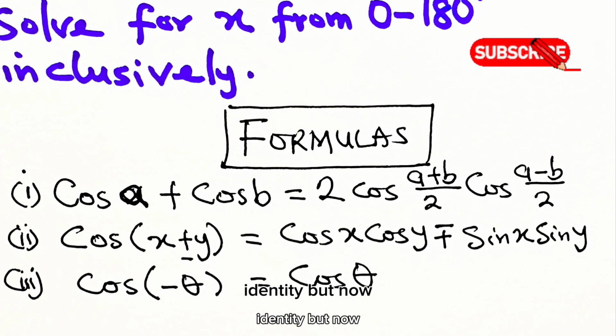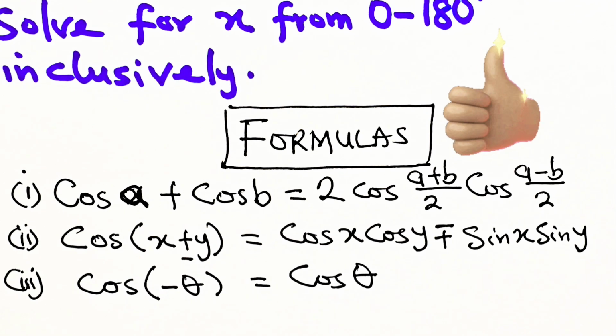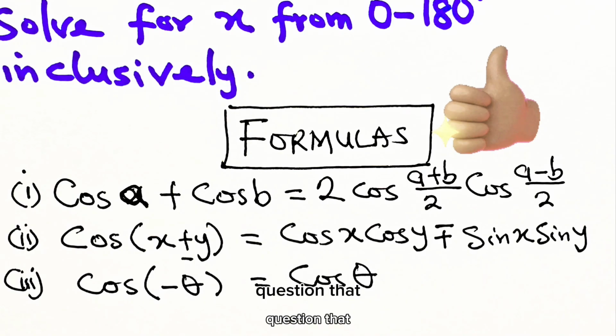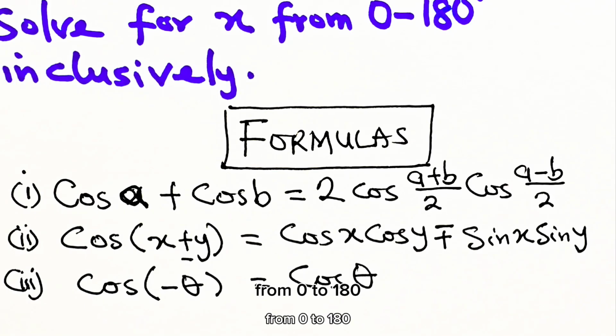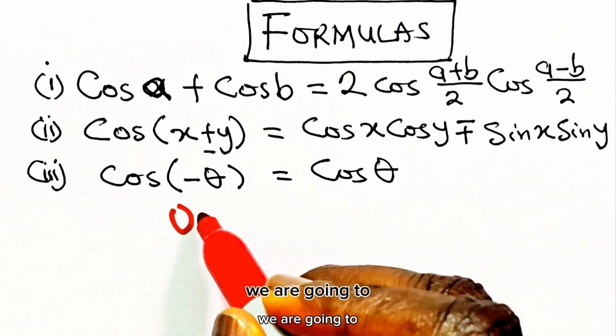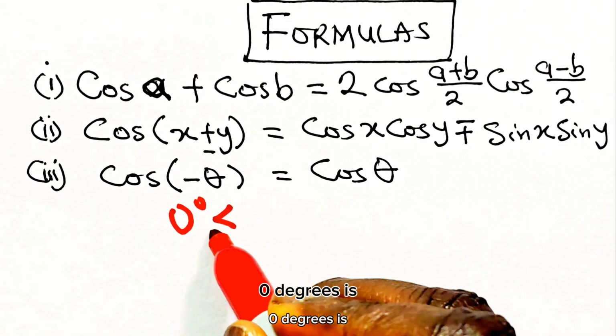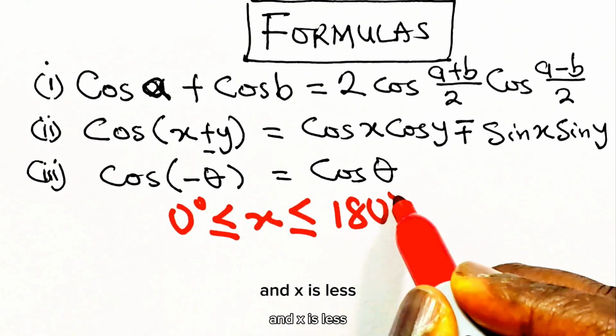But now, before we go into that, let me let you know that this question is very tricky. The reason I say it's very tricky is that we are asked to solve for x from 0 to 180 degrees. The meaning of that is that 0 degrees is less than or equal to x, and x is less than or equal to 180 degrees.